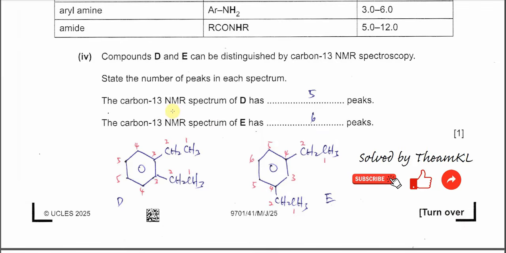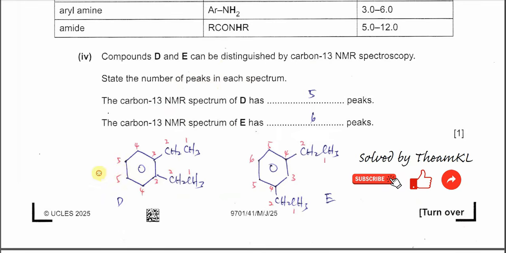Now part 4. Compounds D and E can be distinguished by carbon-13 NMR. State the number of peaks in each spectrum. Let's start from D. This is a symmetric molecule.